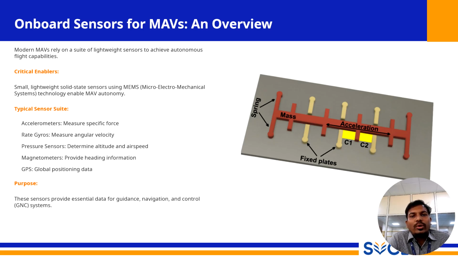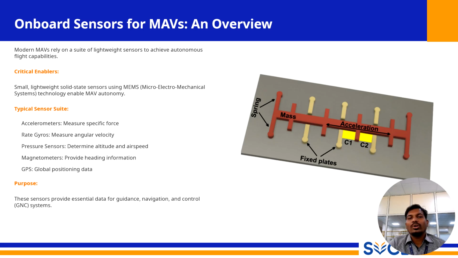The ultimate purpose of gathering all this information is that it is fed to the drone's brain. As the slide notes, these sensors provide essential data for the guidance, navigation, and control system. The GNC system is the heart of the drone's autonomy. The navigation component uses the sensor data to figure out where the drone is and how it is oriented.